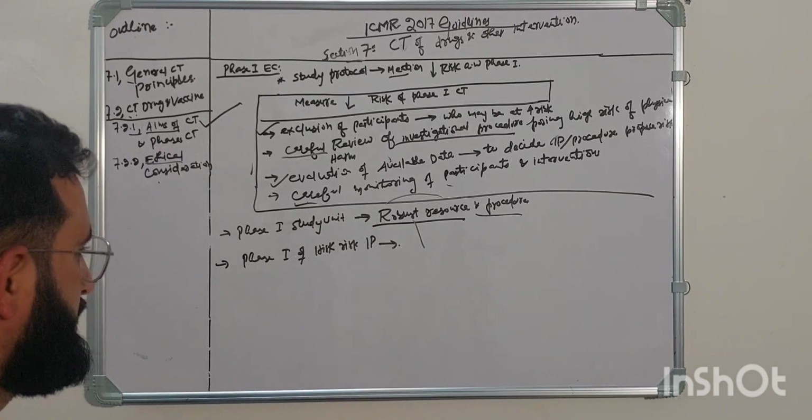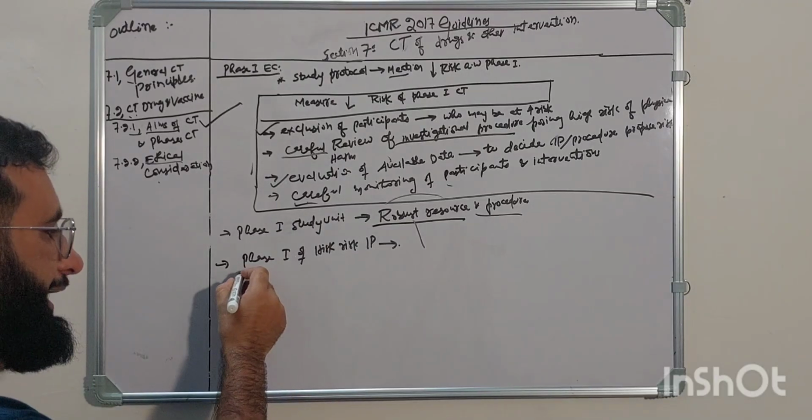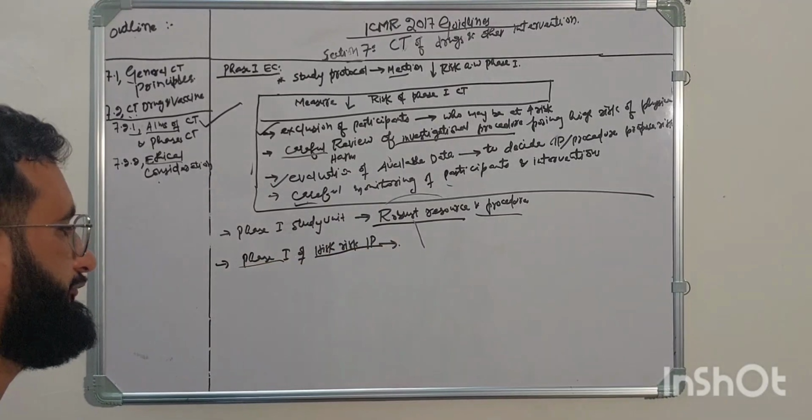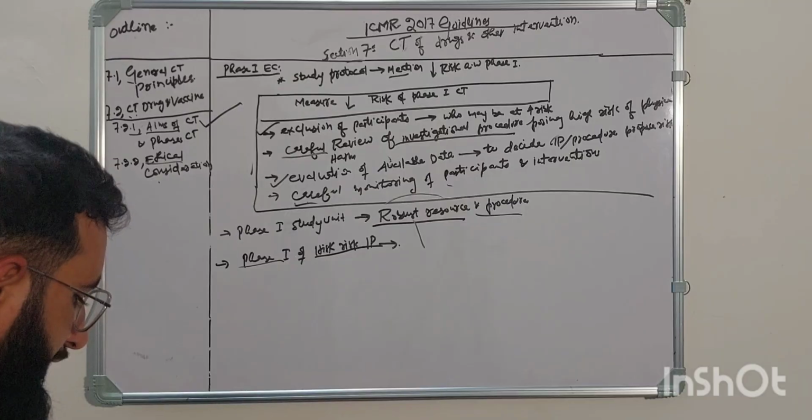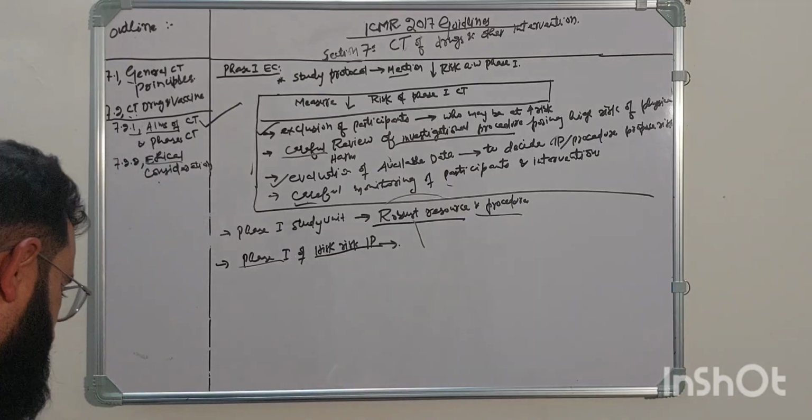And then they have also written that phase 1 of high risk investigational product, such as in human biologicals, should be carried out in hospitals.